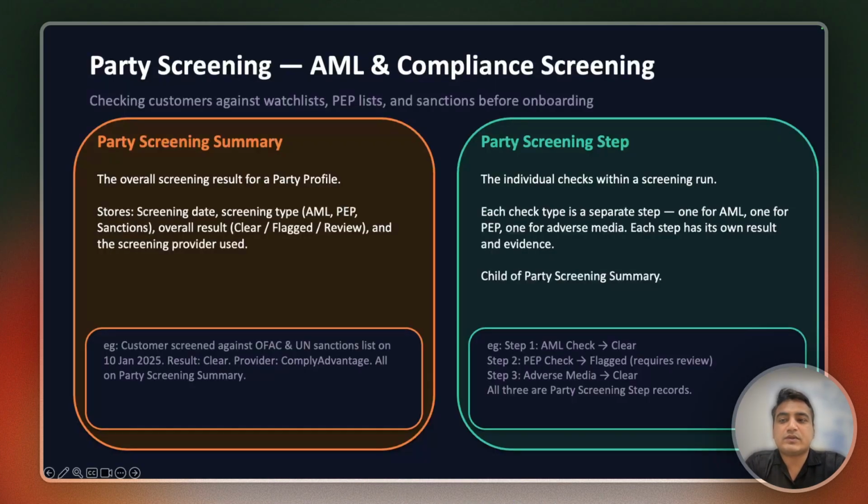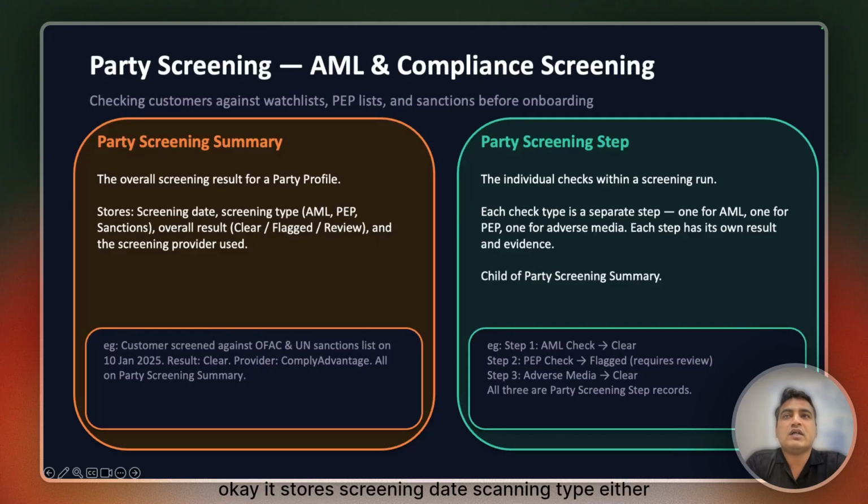Then another cluster which we have is party screening. It is used for any kind of compliance screening, like a politically exposed persons list or sanctions list, before onboarding, basically. So party screening summary is the overall screening result for a party profile.